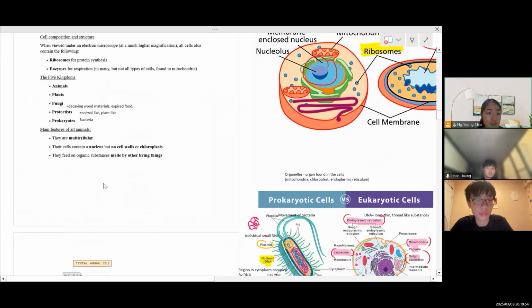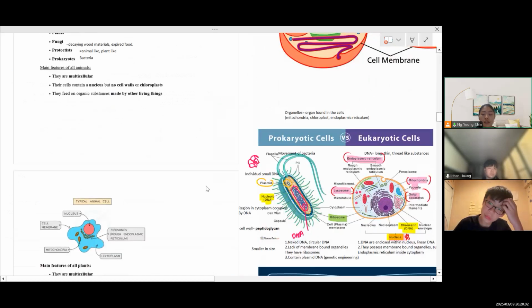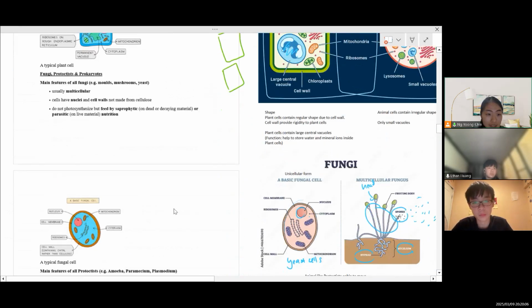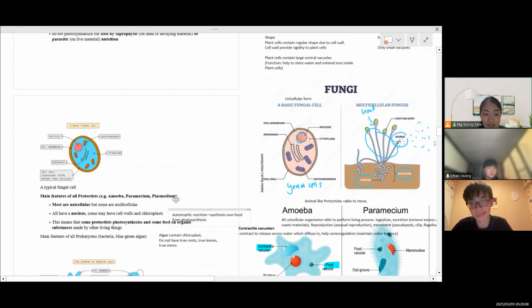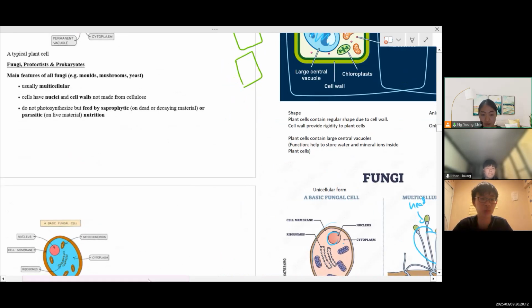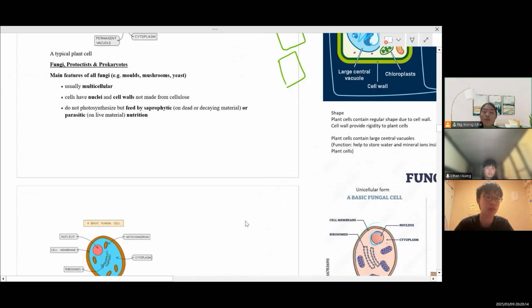Okay. And so we talk about the five kingdoms, and you should know them: animal, fungi, plants, protists, and prokaryote. We already talked about the fungi. When we talk about fungi, it refers to the mushroom, or the yeast that we use to make bread.